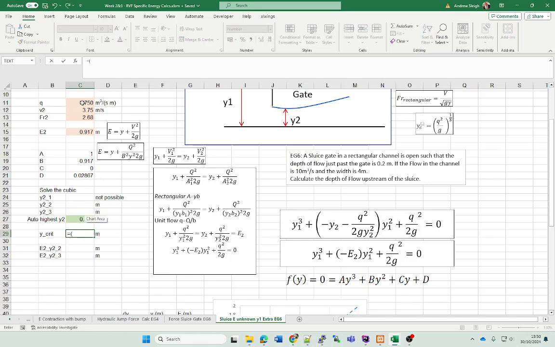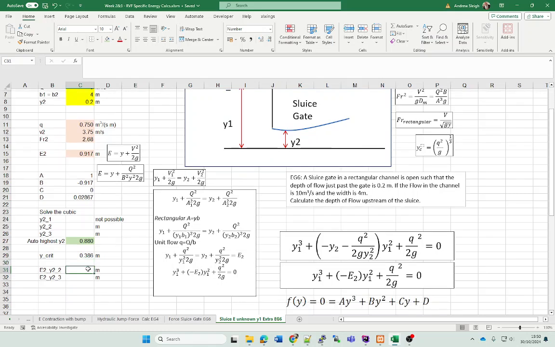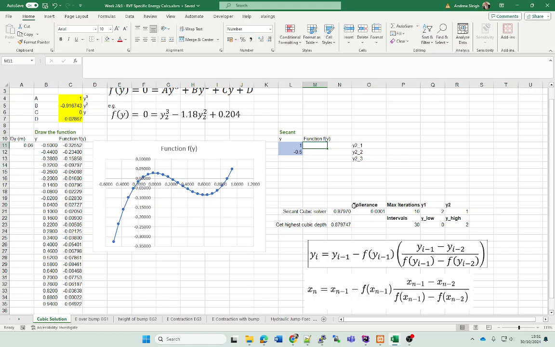Q squared, Y crit is that. The energy we're going to calculate at 2, using these two values that we would have calculated. I don't think they're necessary, but let's do it completely. Let's find the 3 solutions using our cubic calculator here.